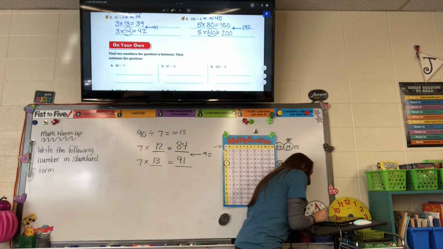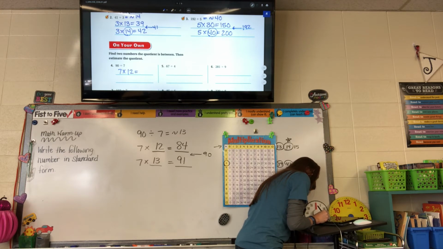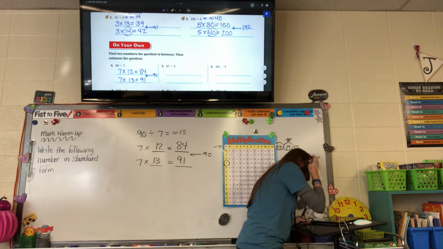Okay, so this is what you should write down. 7 times 12 equals 84. 7 times 13 equals 91. 90 would fit between 84 and 91.